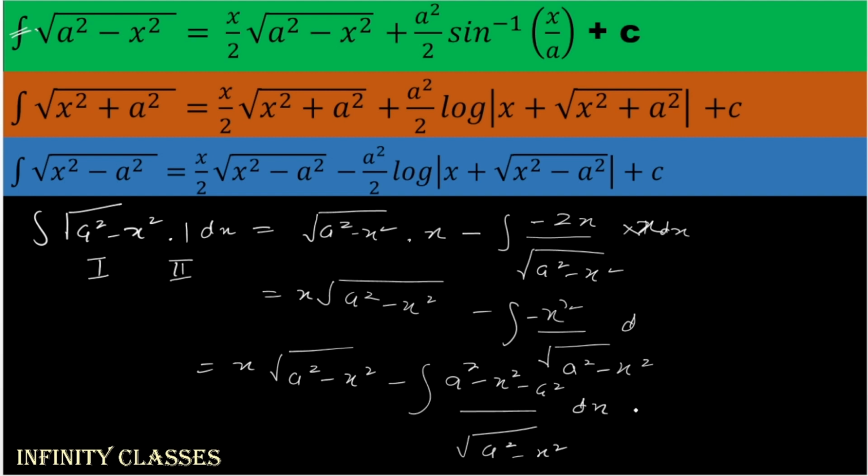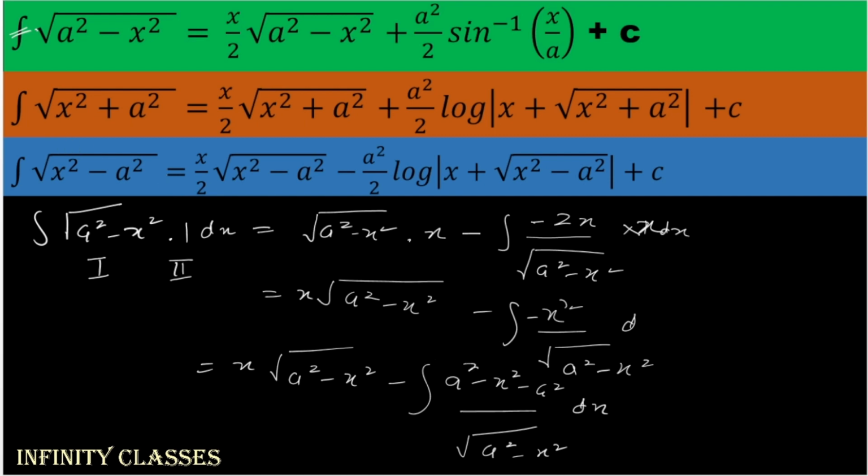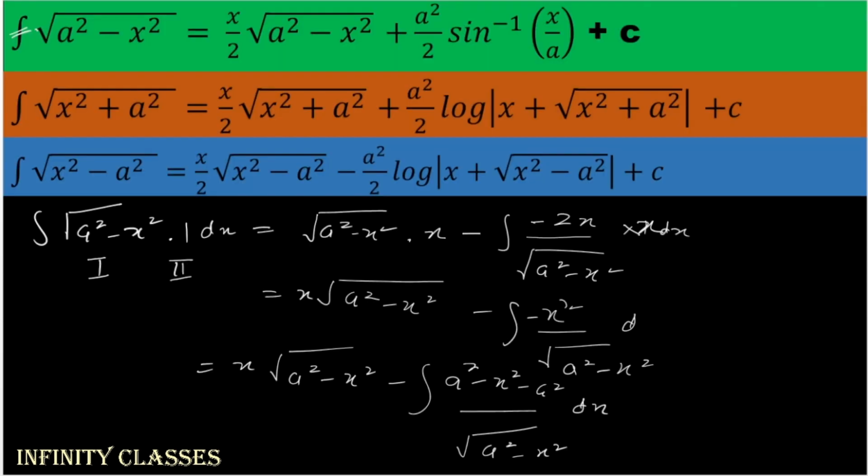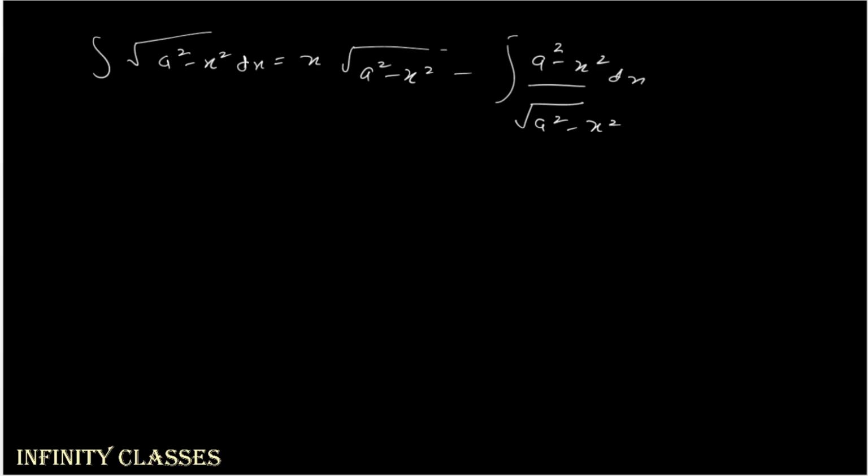After this we will separate these two parts, so integration of root a square minus x square dx equals x root a square minus x square minus integration of a square minus x square upon root a square minus x square dx, plus integration of a square upon root a square minus x square dx.